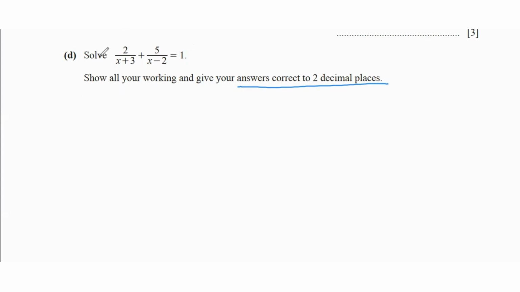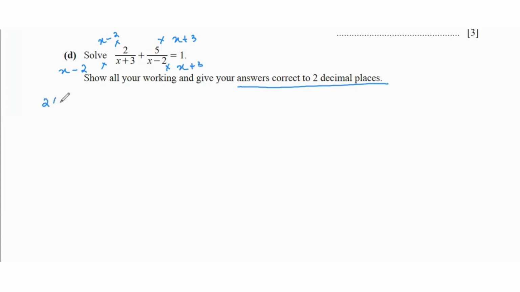Whenever we're adding fractions with unlike denominators, we make the denominators equal. So the first fraction will be multiplied by x minus 2, and the second fraction will be multiplied by x plus 3.